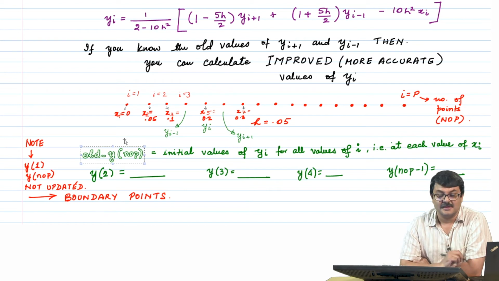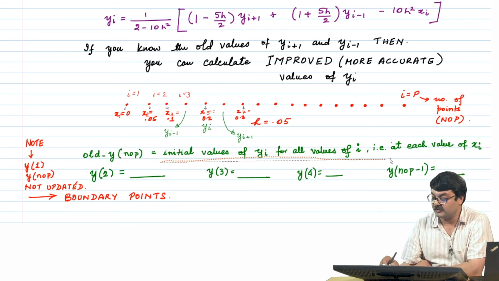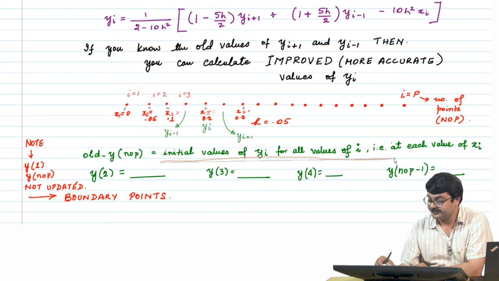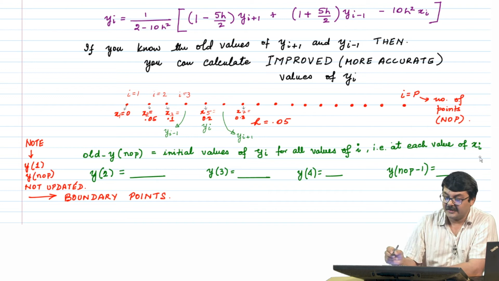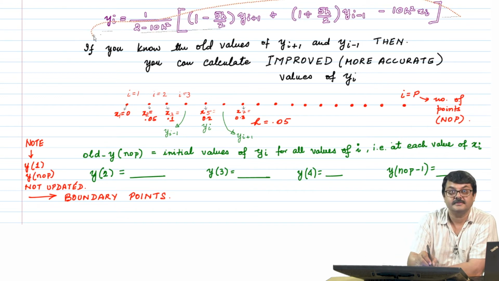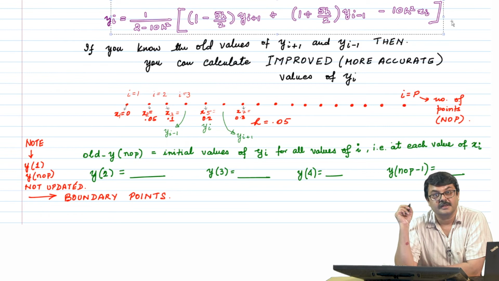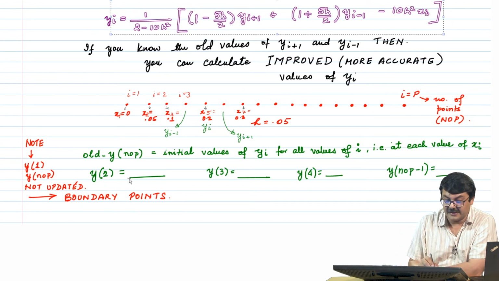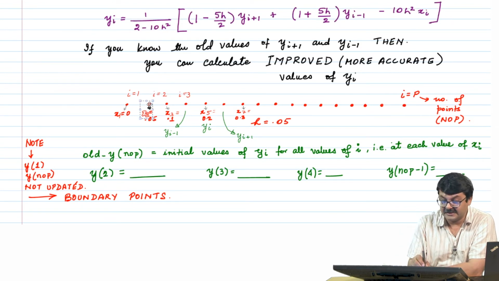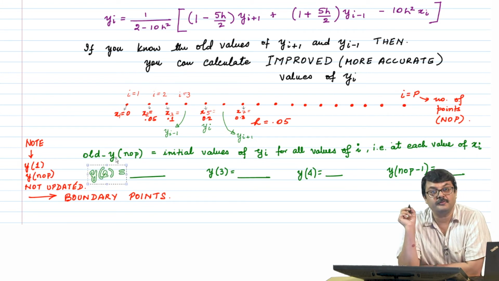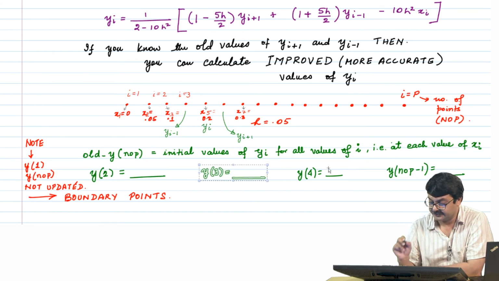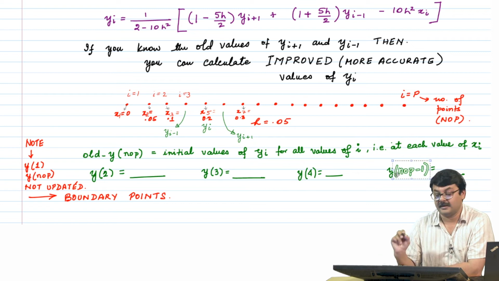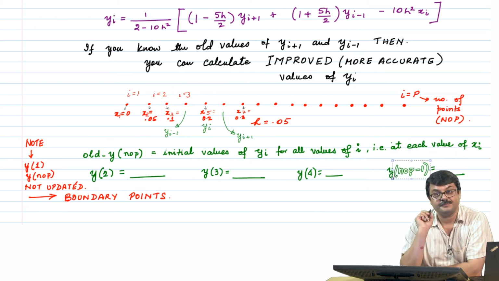You just suppose it stores the initial value of y for all values of I, that is at each value of x I, and using this formula here, you can at each grid point calculate a better, improved value of y 2 and then y 3, and y 4 up to y NOP minus 1.